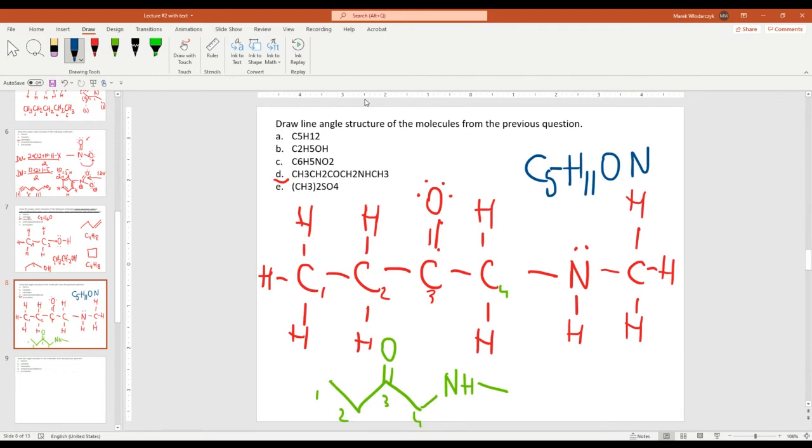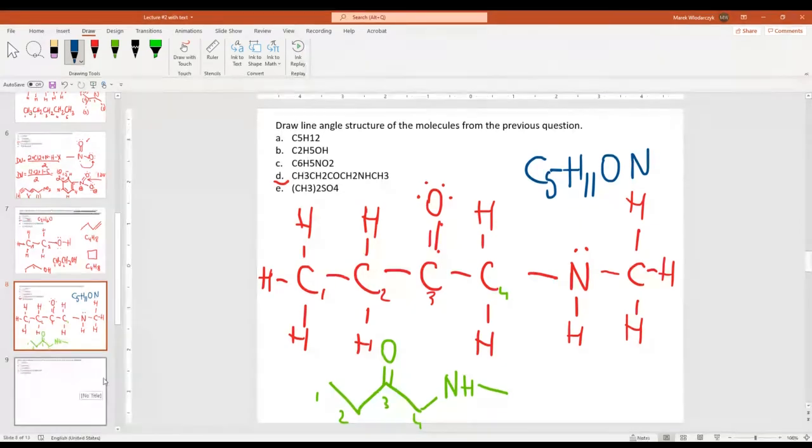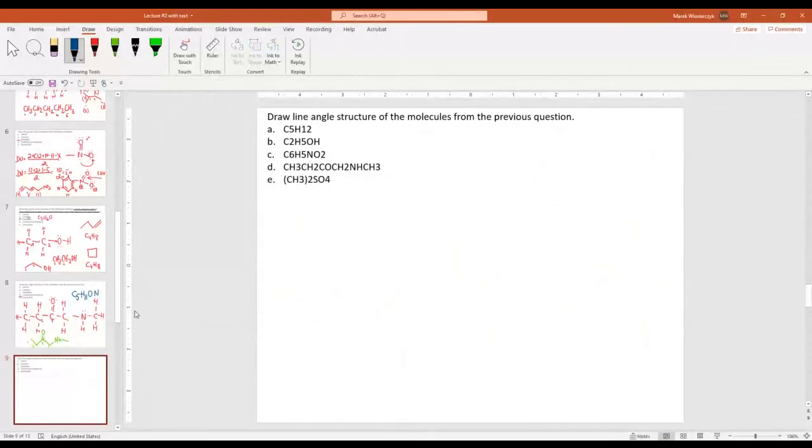So let me redraw it here. C5H11NO. So if the question was not written like it is, but it was given to you as a molecular formula, can you think of another molecule that is different than our initial molecule that we drew here?